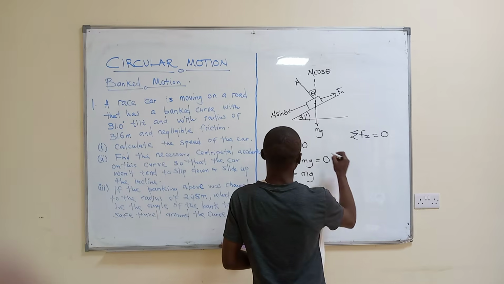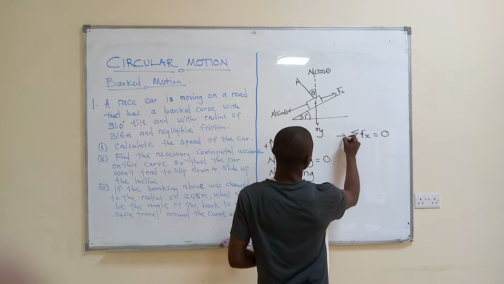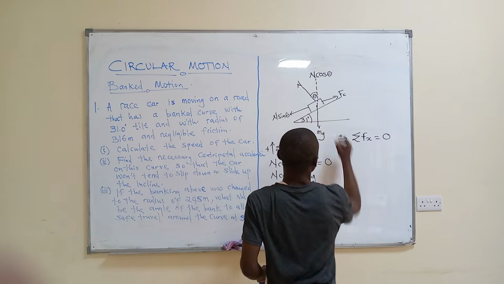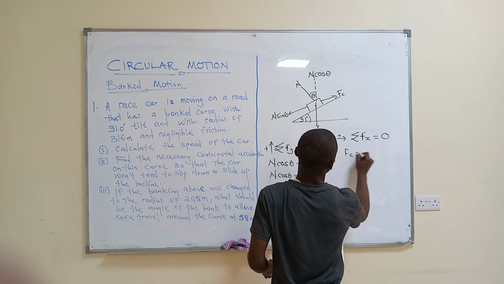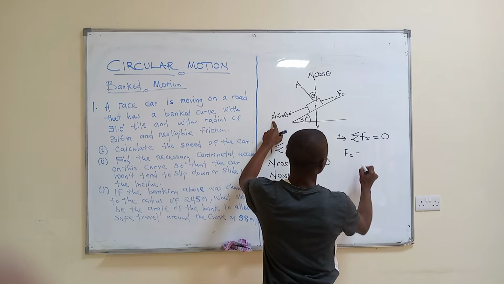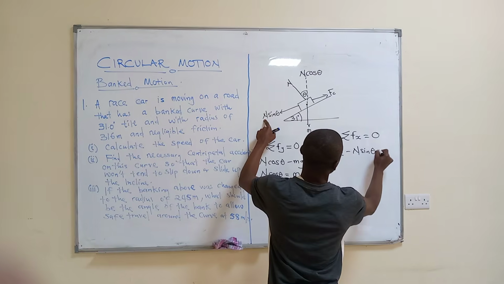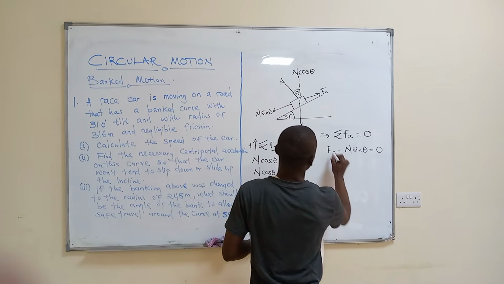So I'll assume going this side, that is positive. So that is Fc minus n sin theta is equal to 0.